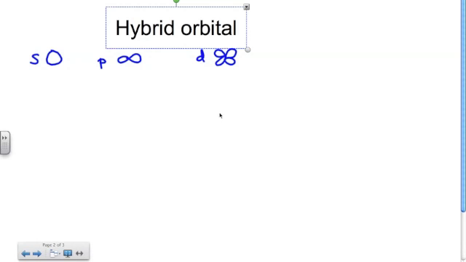So if you were to think of one atom, for instance, let's say phosphorus. Phosphorus has an s, and it's got 1 p orbital, 2 p orbitals, 3 p orbitals.